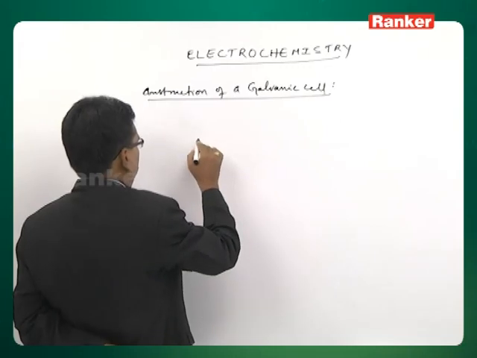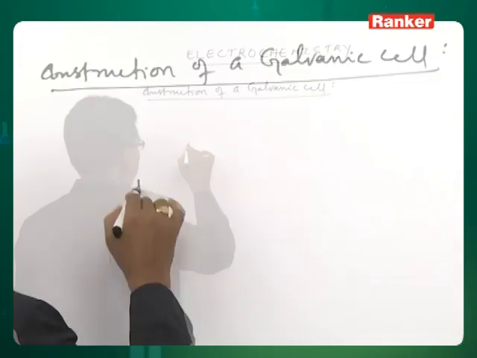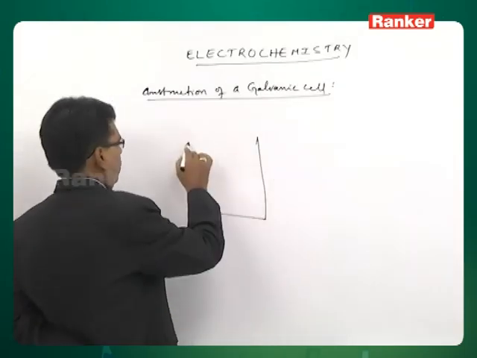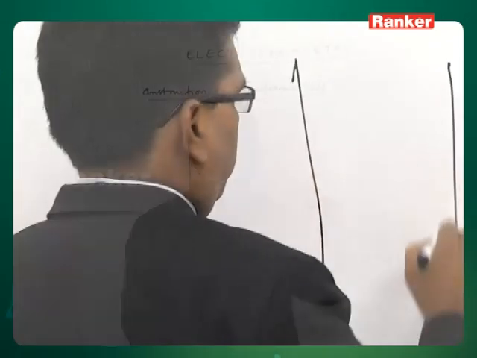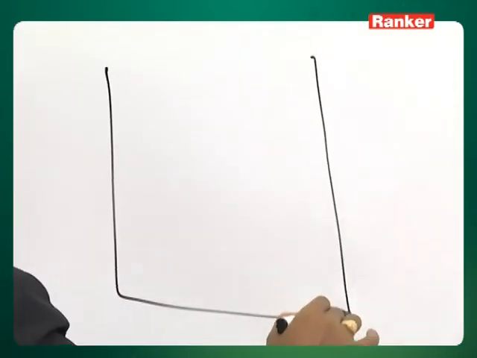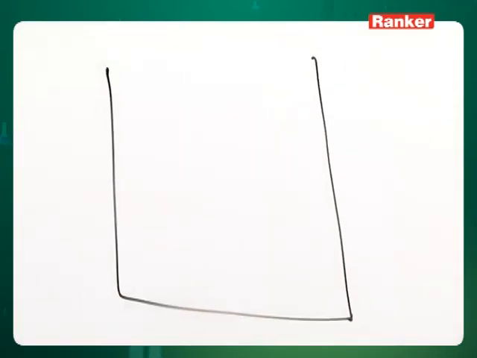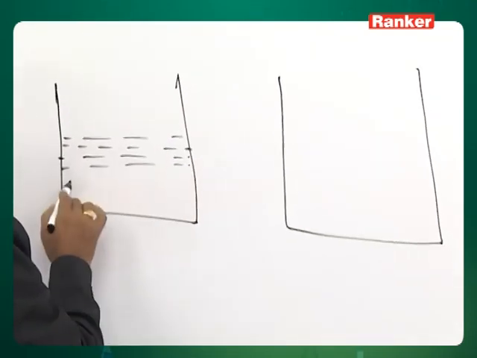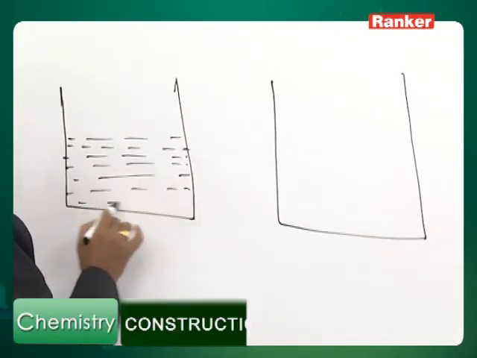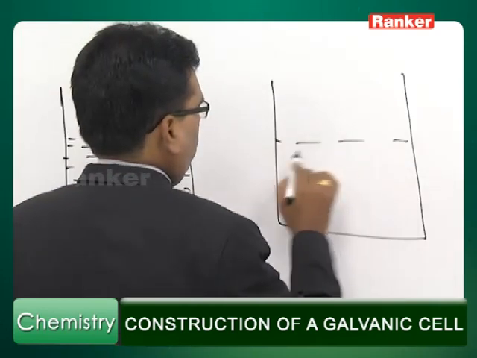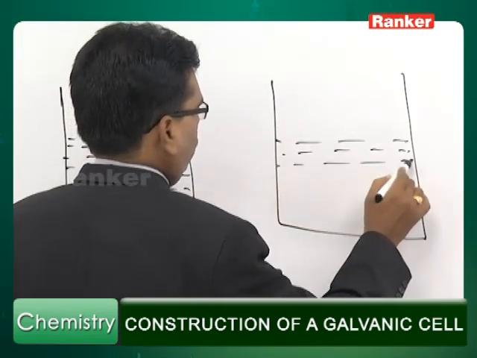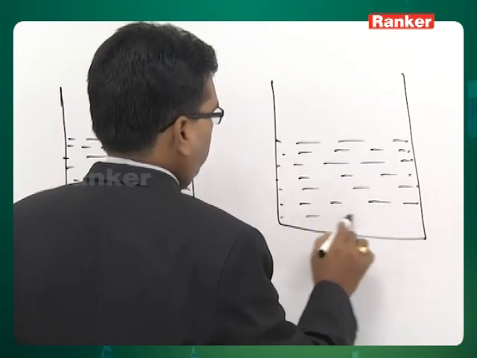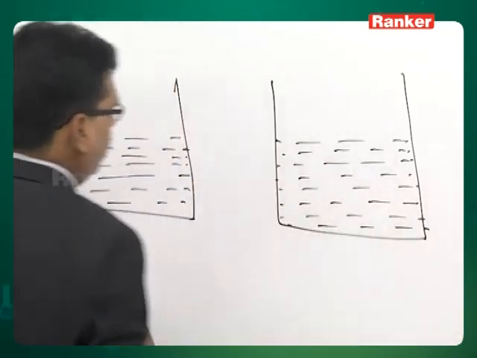When it comes to the construction, each half cell is made by having a vessel in which electrolyte is filled in both the half cells. The electrolyte solution is the one which has an ion common with that of the electrode.